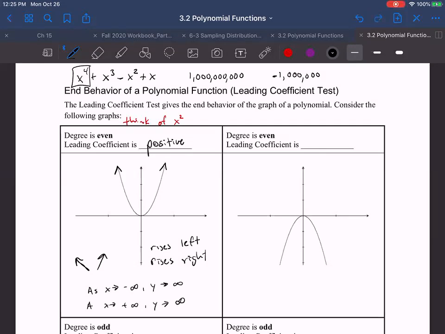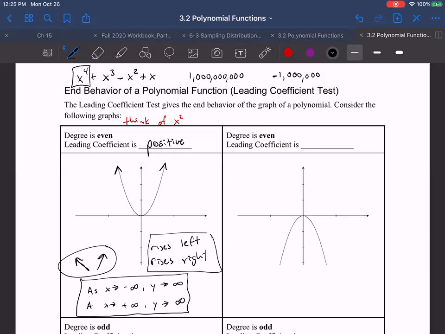So as x goes to negative infinity, that's going to the left. As x goes to positive infinity, that's going to the right. And so you might see it any one of these three ways. I'll probably write it that way as a shorthand, but you might see the answer written that way, or especially on the test, it's probably going to be written something more like that. So you need to understand all three ways that that is written.